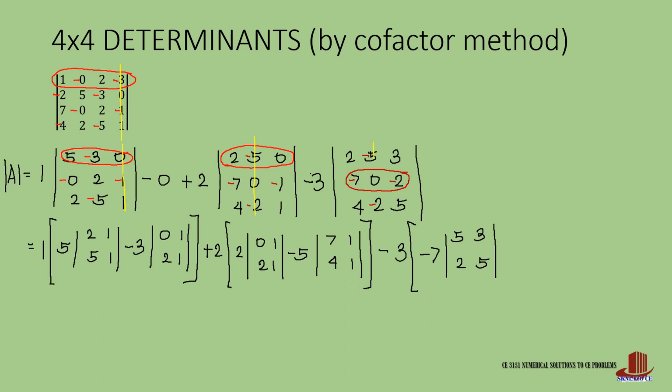Moving on to the second element, which is 0, giving us 0. The third one is -2, with the minors, 2, 5, 4, and 2.